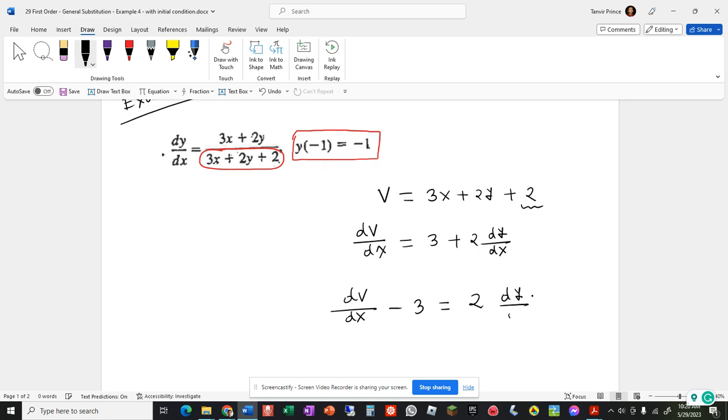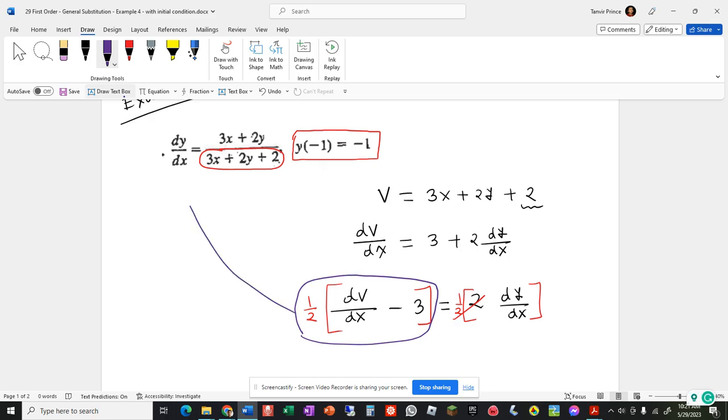And then I multiply by half to get rid of this 2, right? I multiply both sides by half. So that will be my dy dx. So my dy dx is this quantity here. So that goes in place of dy dx.